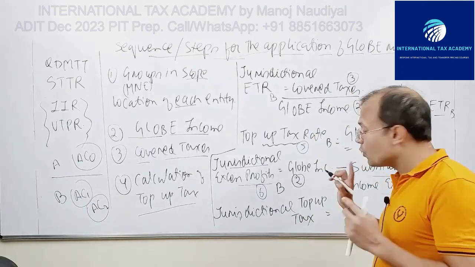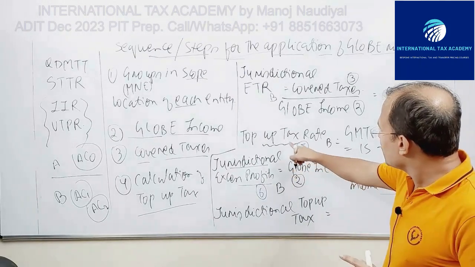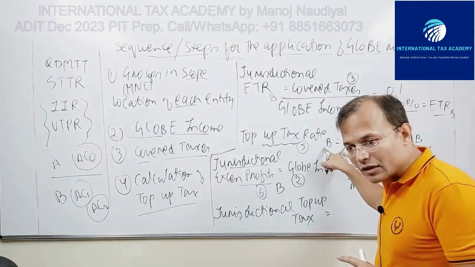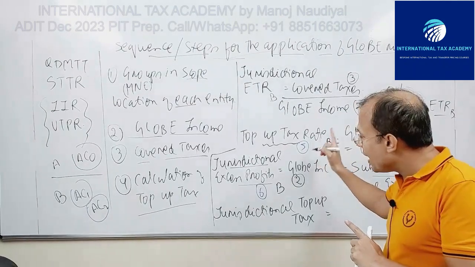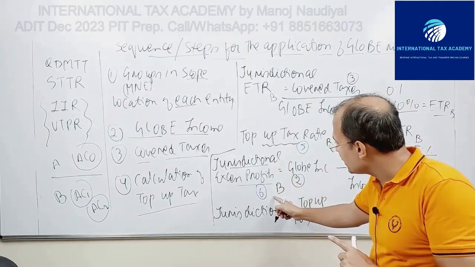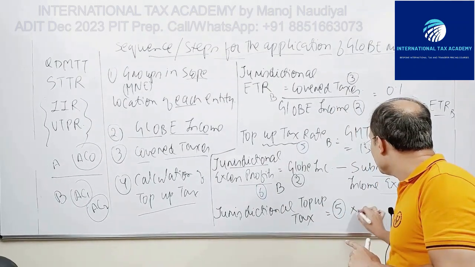That will be equal to the top up tax rate for the jurisdiction B multiplied by the jurisdictional excess profit, that is 5 into 6.